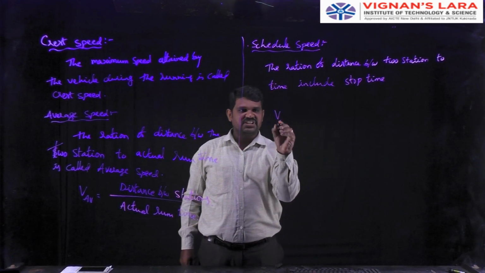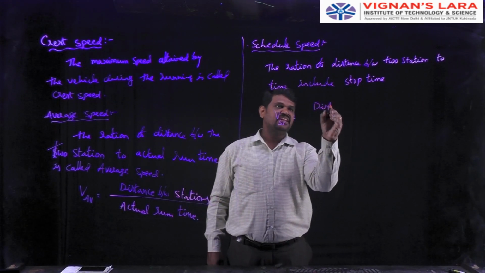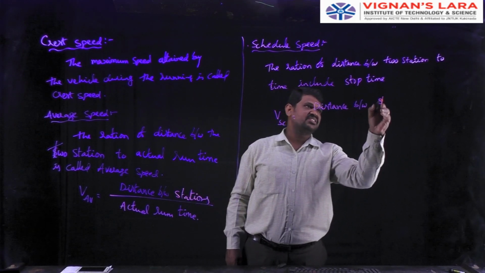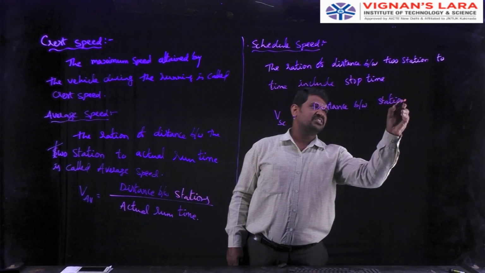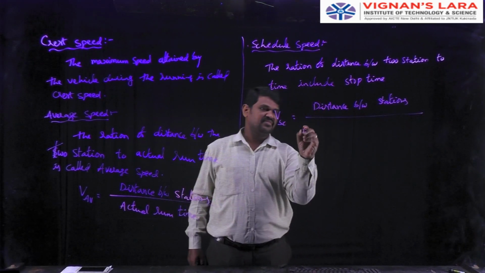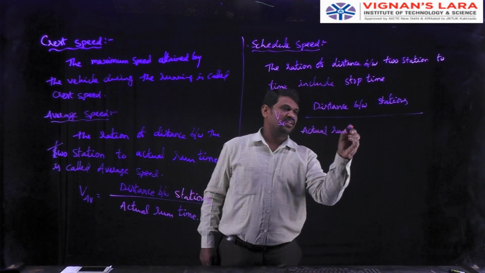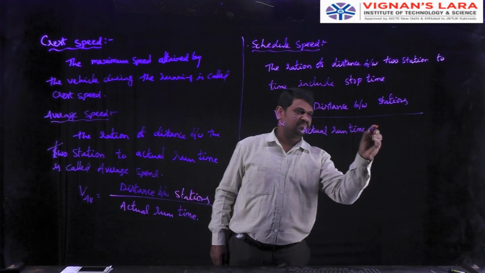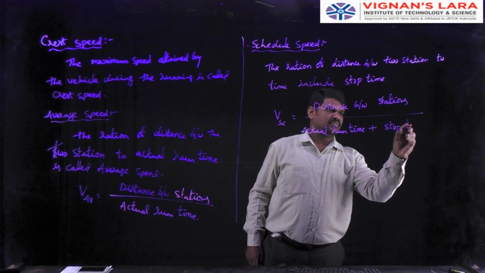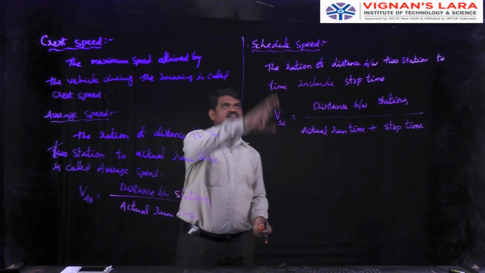Now V schedule is equal to the distance between two stations divided by the actual run time plus stop time. So this is called the schedule speed.